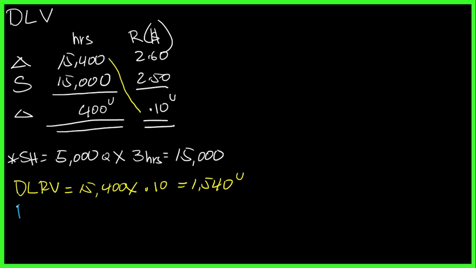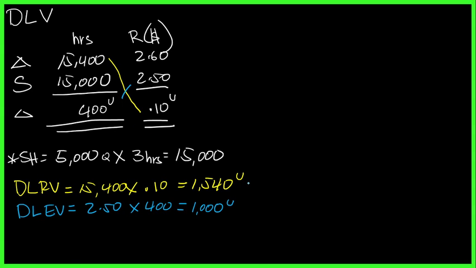Okay, for the direct labor efficiency variance, you will have 2.5 times 400. So what is now 2.5 times 400? You will get 1,000, also unfavorable. Oh, yan na, parang espada lang.